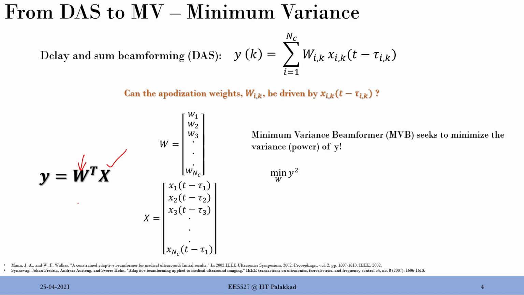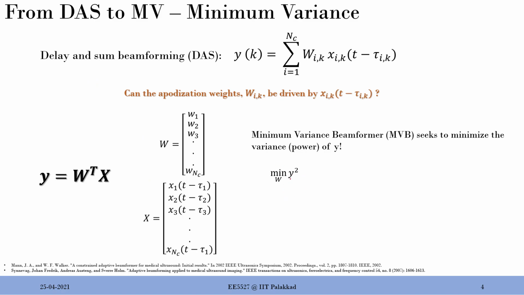Then you change to another value of W, and you again evaluate Y and square it off, you have another value. Now you compare these two Y square values for different W's, and if the second one has a lower Y square value compared to the first one, that means you will go for the W selection which is the second one, right? So that is how you optimize generally if you are talking about an optimization problem.